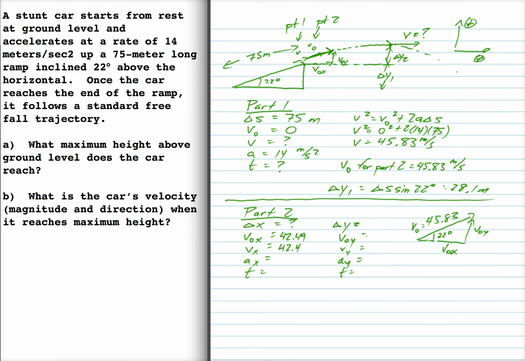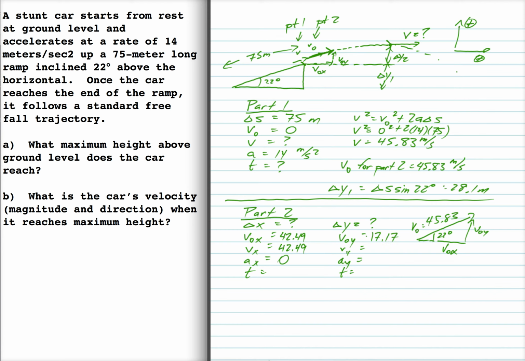That's going to be my final velocity as well, because my x acceleration when I'm in free fall is 0. Delta y for part 2, I don't know. V naught y is going to be 45.83 times the sine of 22, which is 17.17 meters per second.